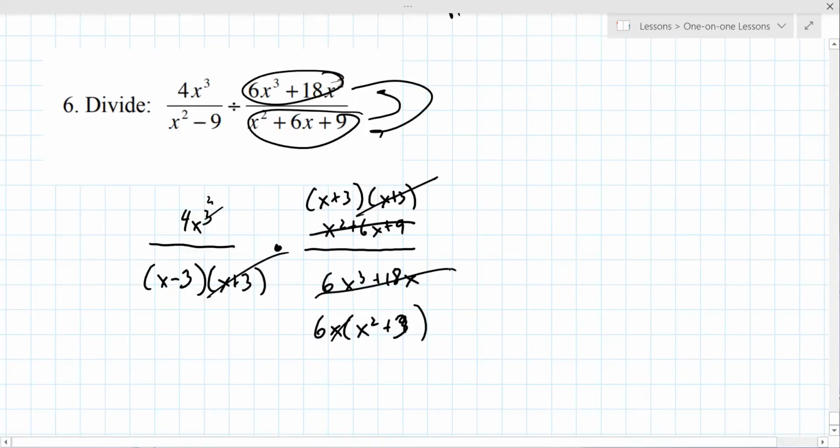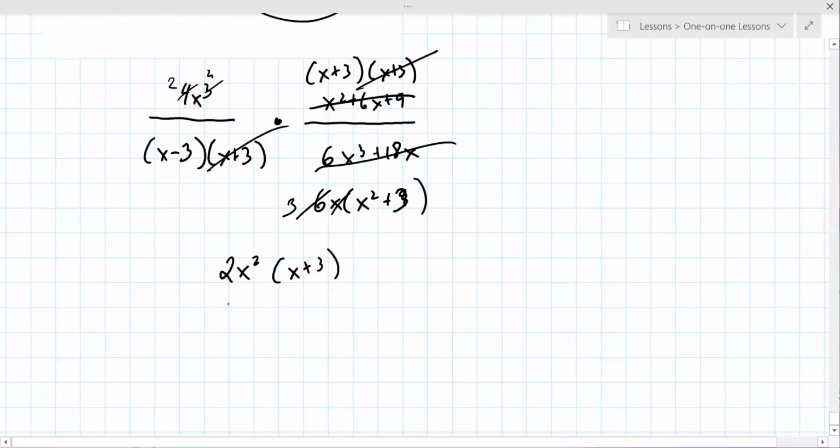Actually, we should cross that out as well. When you do a lot of crossing out, it's easy to miss things. So this is 2x squared times x plus 3 over, we got x minus 3 from the left here. And then this, see, I almost did that. There's a 3 that comes down, and x squared plus 3 here.